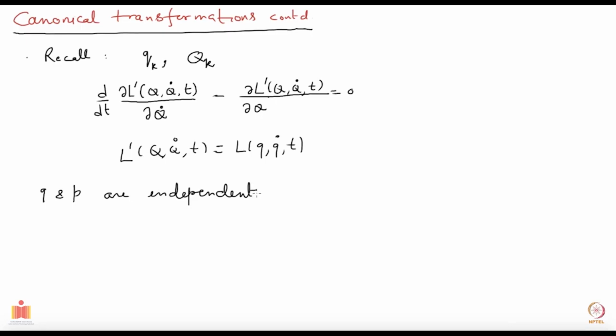So if I'm looking at the equivalent of what I did here, if I don't find this set as a good set, and for some reason I find another set capital Q as a good set, then I can do a transformation from small q to capital Q. I can do the same thing here, of course, but not only that, I can go from small q's to capital Q's, I can also independently take the p's to some other capital P's. Just do a general transformation.